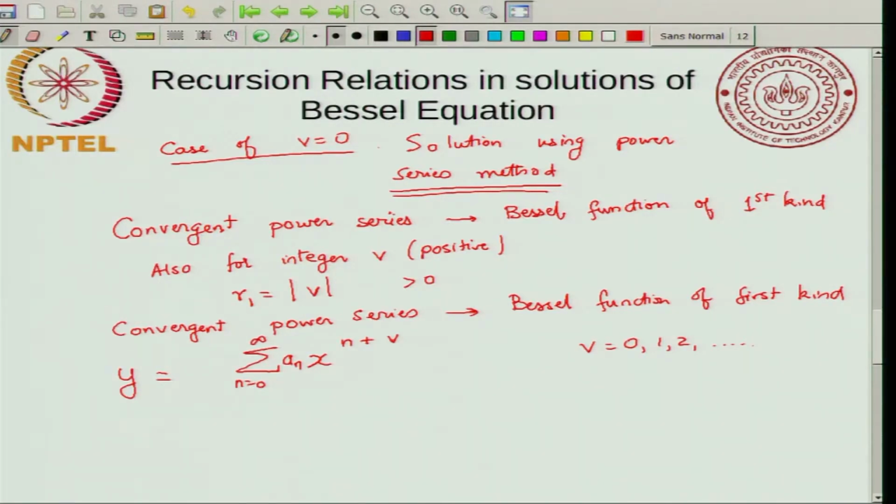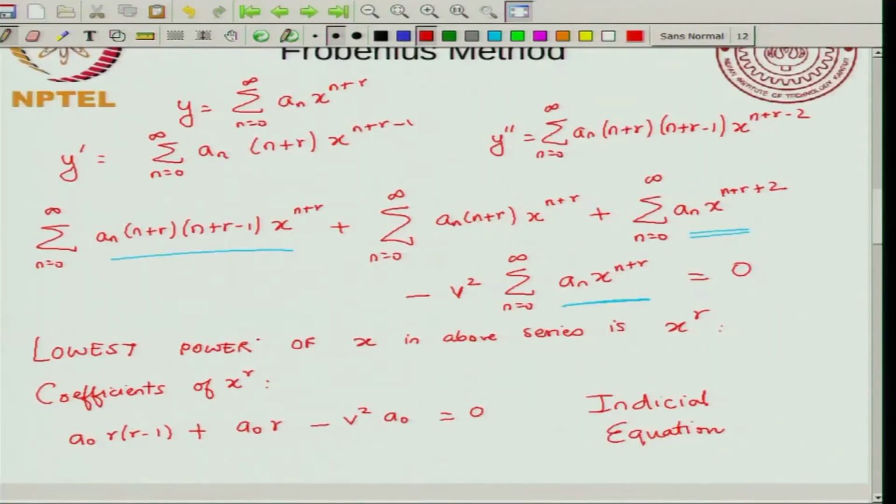Okay. Now let us take this as a power series solution, and let us go back to the power series that we had and see what the recursion relations look like. So what does a recursion relation look like for such a power series? Let us go back to what we had here. Before, we had the indicial equation, we had this condition.